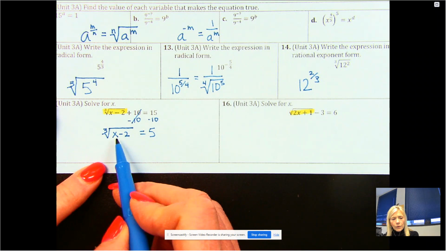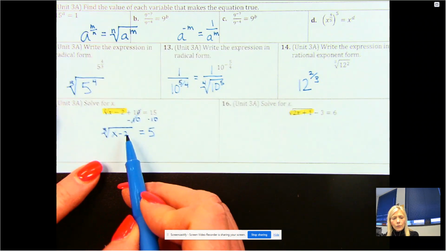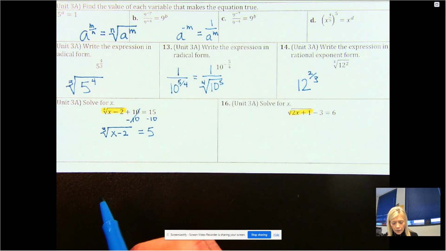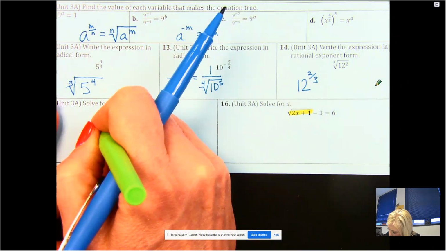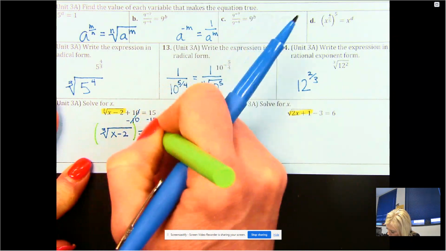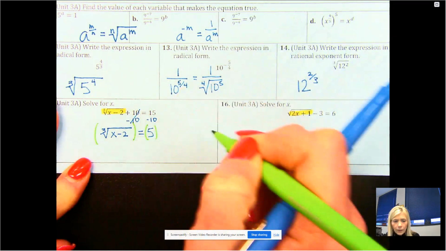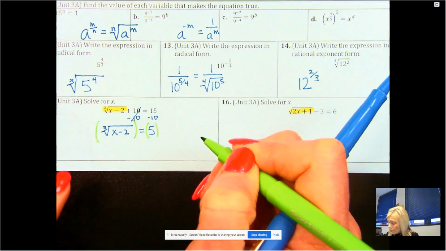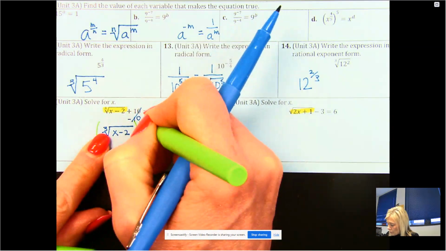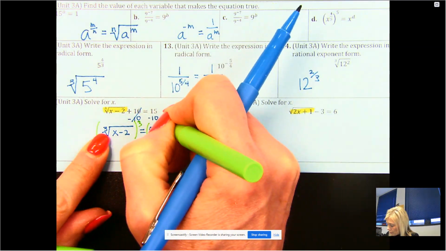And so now that I've got the root by itself, I use an exponent to get rid of it. Okay, and I know the exponent by looking at what kind of a root it is. This is a cubed root, so we use an exponent of 3.